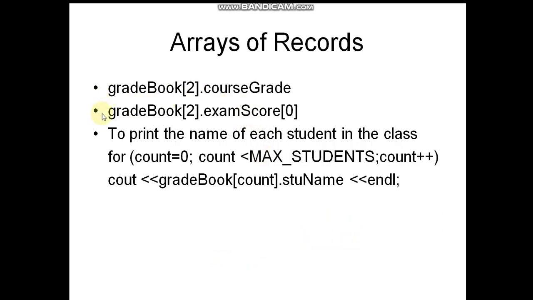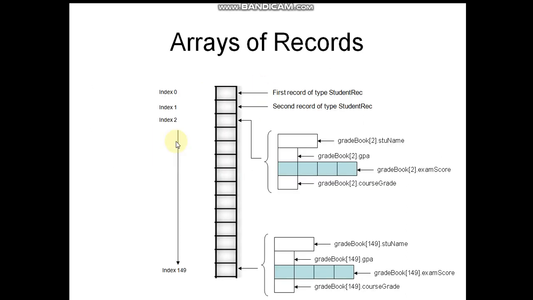So dot notation is used to access, as we have already discussed in structures, that to access the components of a structure member, we use the dot notation. In array of record, we just use the subscript, as we have discussed in this slide.